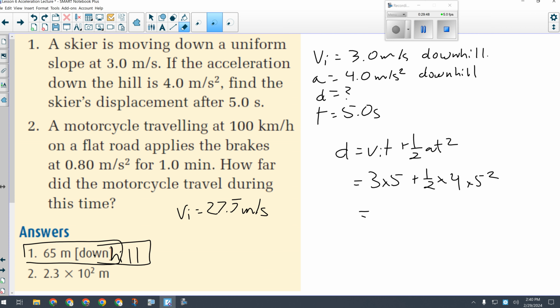Okay. If I apply the brakes, what kind of an acceleration does that produce? Positive or negative? Oh my God. How many of you have driver's licenses? What do the brakes do? They slow you down. What kind of an acceleration is that? Positive or negative?